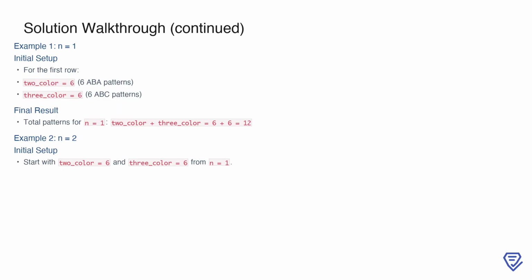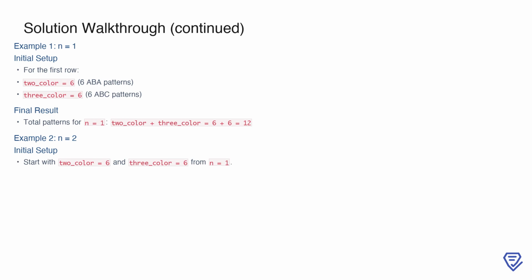Plugging in the values, we get 2 times 6 plus 2 times 6, which results in 24. Similarly, the formula for new_3_color is 2 times 2_color plus 3 times 3_color, again modulo mod. Substituting the values, we get 2 times 6 plus 3 times 6, which gives us 30.